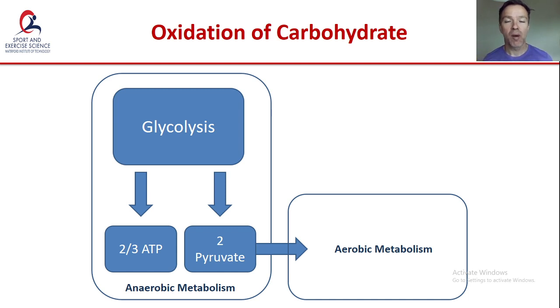There are 2 cooperating metabolic pathways at work here, and they're both required to complete carbohydrate metabolism aerobically. So if we want to fully break down carbohydrates aerobically, we need these additional 2 systems. They are the Krebs cycle and the electron transport chain, and we're going to look at both of those in a little bit of detail over the next couple of slides.